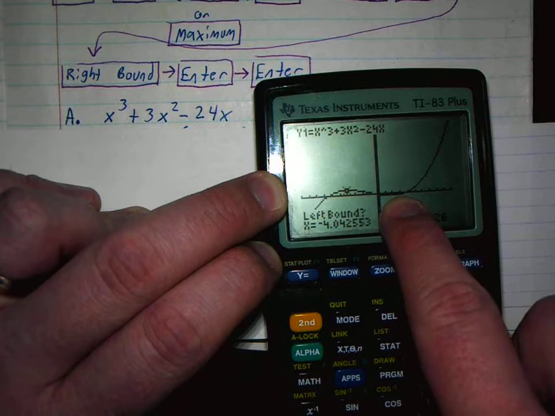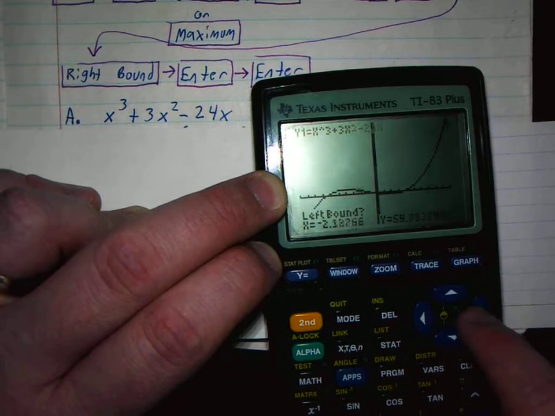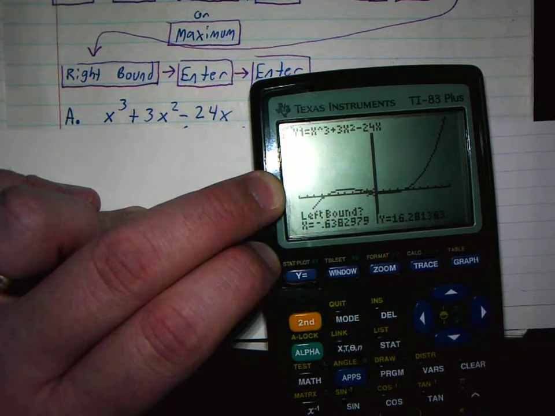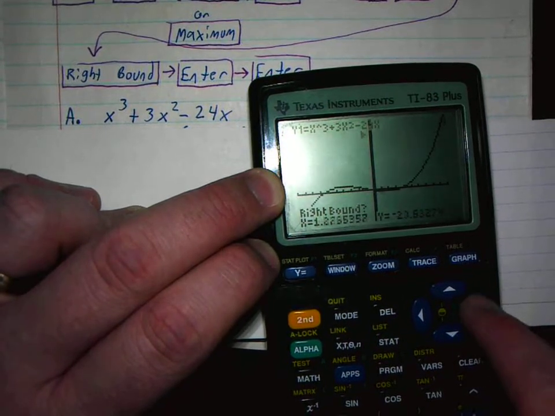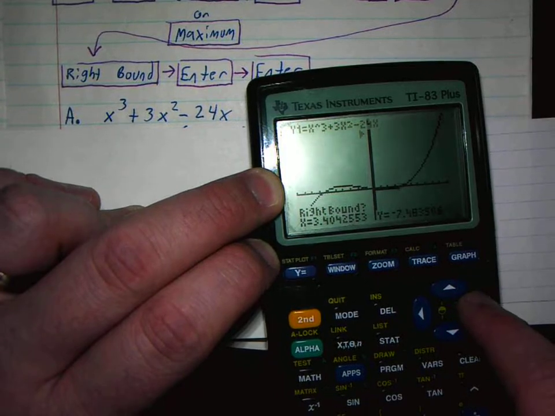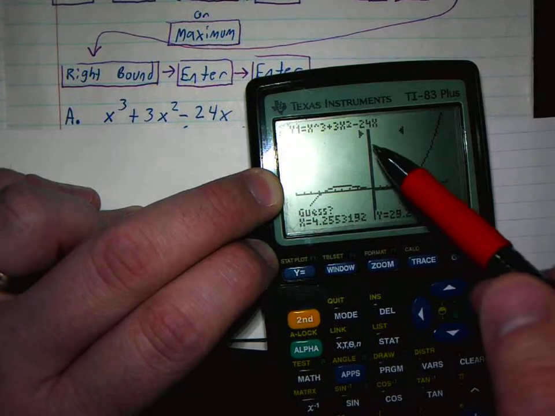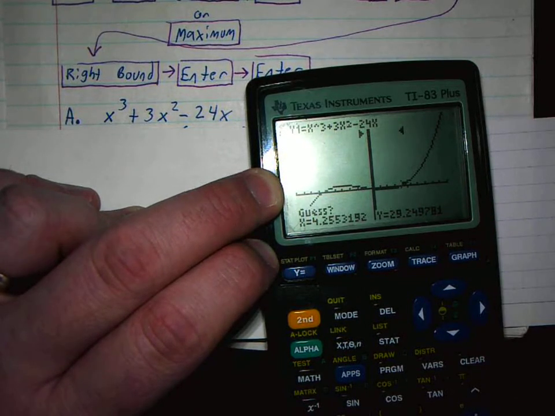And this time I'm going to choose to the left of my minimum. That would be to the left, right? Enter. And then I'm going to choose to the right of my minimum. Enter. And it says, do you want me to guess that your relative minimum is between those 2 points? Yeah, I do. Enter.